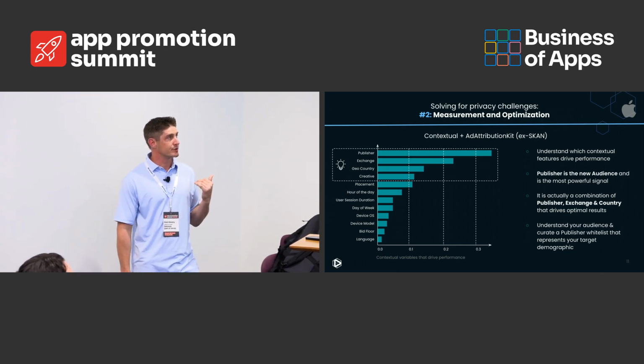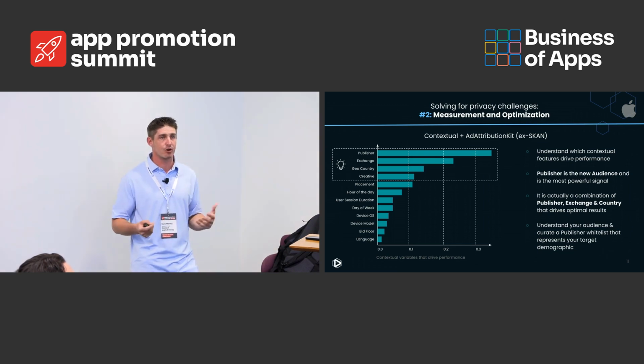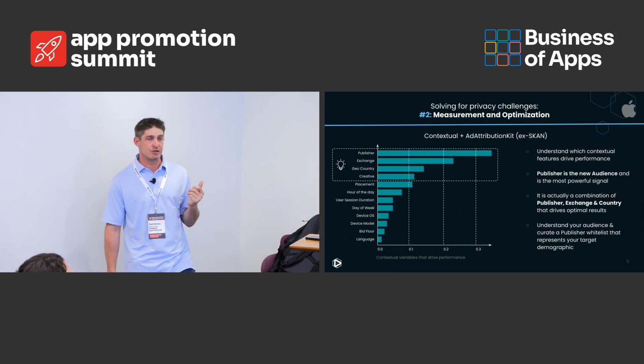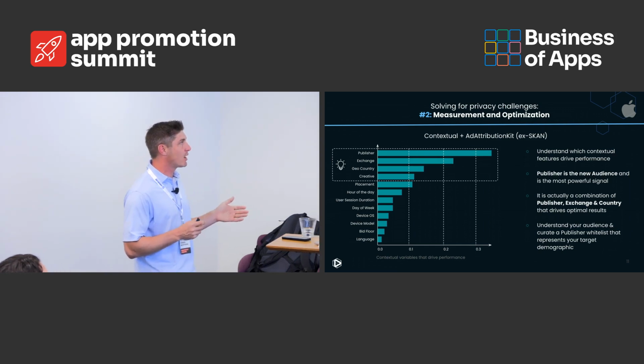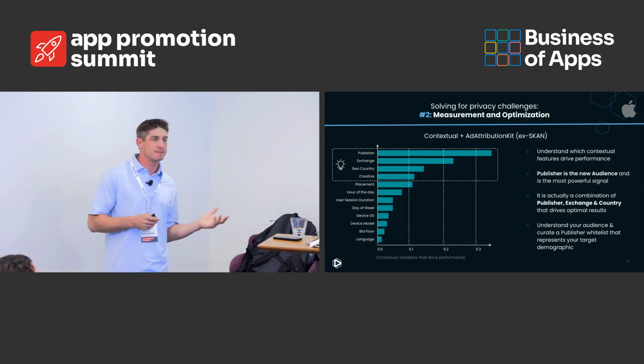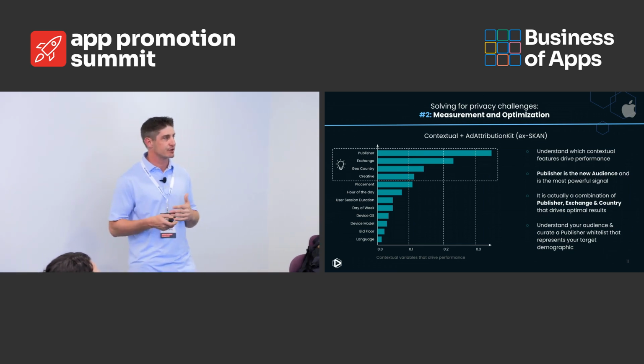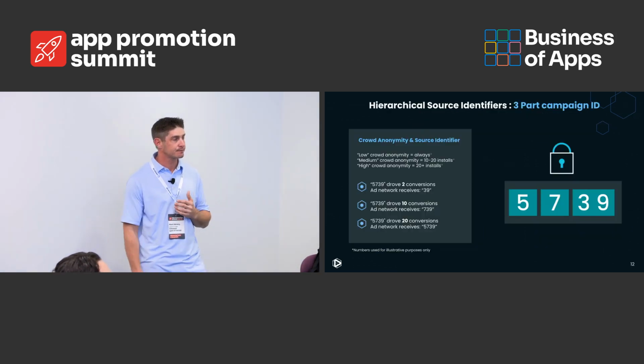Top is most important, right? So in almost all cases, publisher app or publisher site, or where the conversion is coming from, in contextual advertising is the key piece. It's the most important, right? Then you have exchange, in a lot of cases, where different apps perform differently based on the exchange that they're on. Creative, tag ID, or placement. We're weighing these signals and understanding what's important for the campaign.